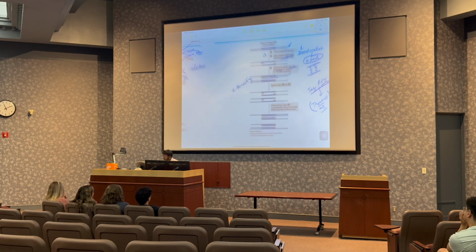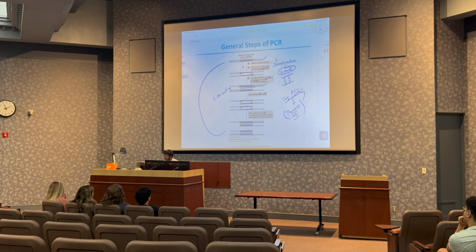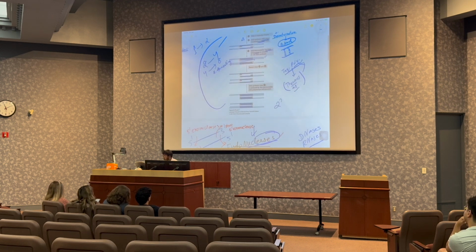Okay, so you have to repeat this step again and again. When you start with one copy of DNA, at the end of the cycle you have 2. If you start with 2, you will have 4. If you start with 4, you have 8, so this goes as 2 to the power of n.